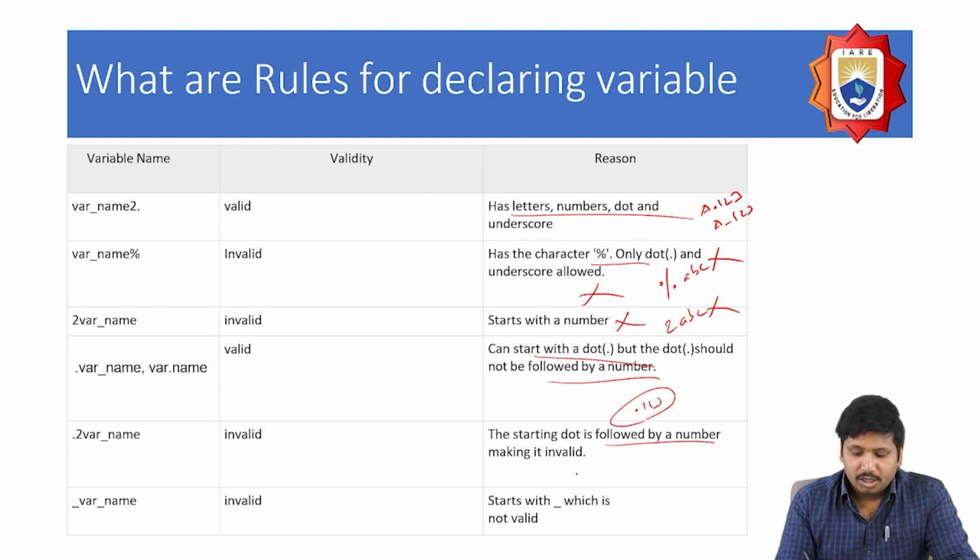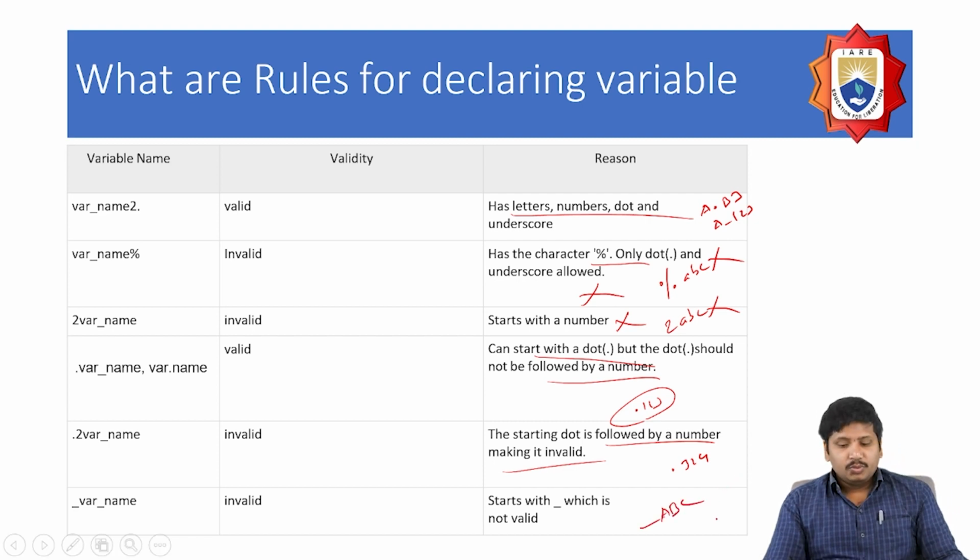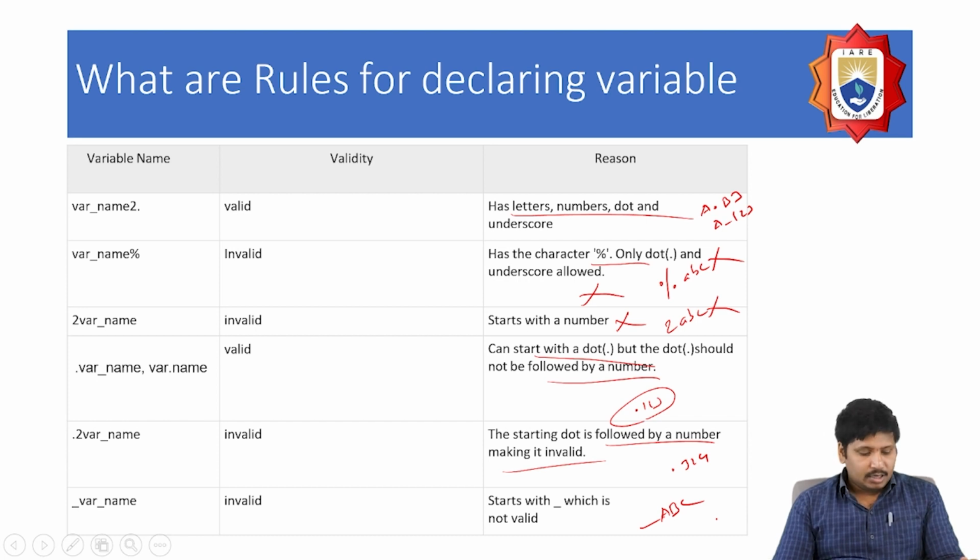And it should not start with an underscore. So these are the various rules we have to follow when declaring a variable.